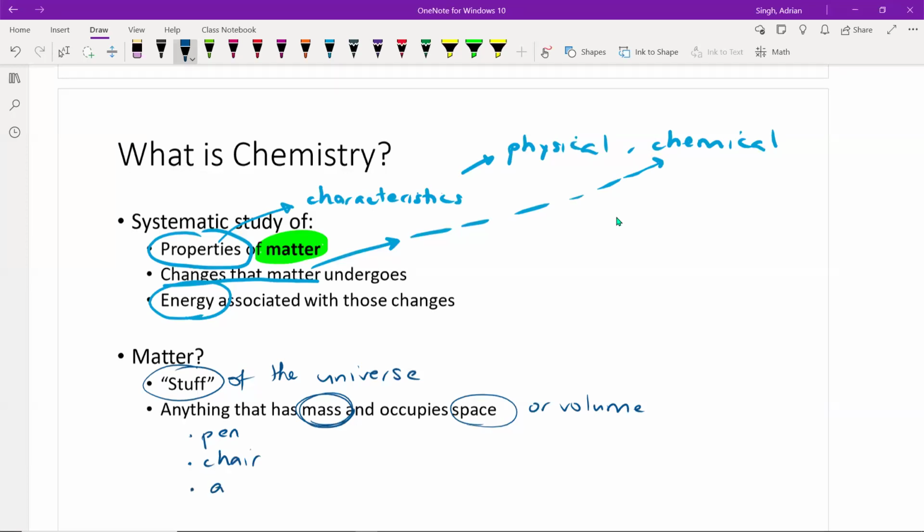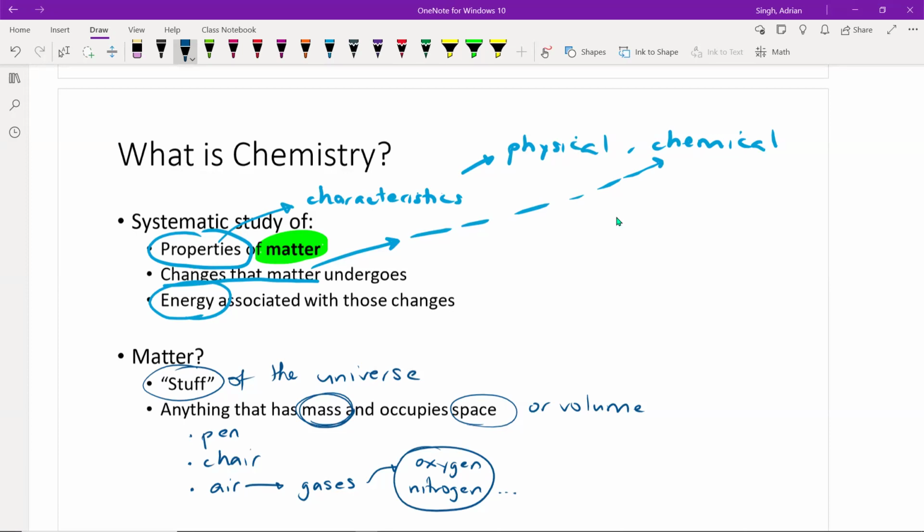So, for example, the air that you're breathing in right now is composed of different gases, such as oxygen, nitrogen, and lots of other ones. These would be examples of matter as well. So we study the properties of these gases like oxygen and nitrogen. Really what we're doing there is we are doing chemistry.